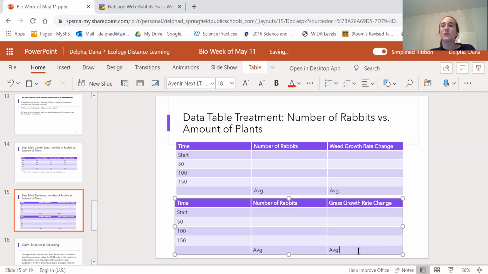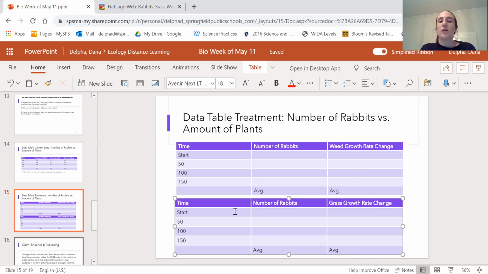All right, so then you'll have your data. If you decided to increase the amount of weeds, you're going to tell me whether increasing the amount of weeds increases the amount of rabbits, or decreasing the amount of grass and increasing the amount of weeds does something to the rabbits.